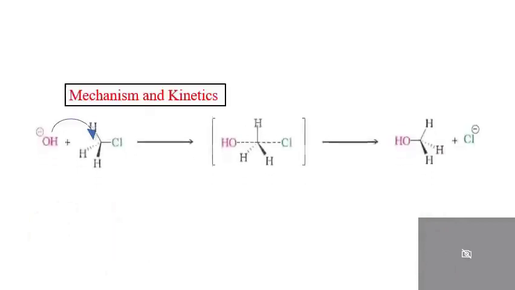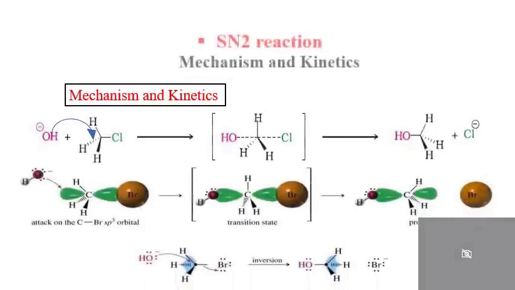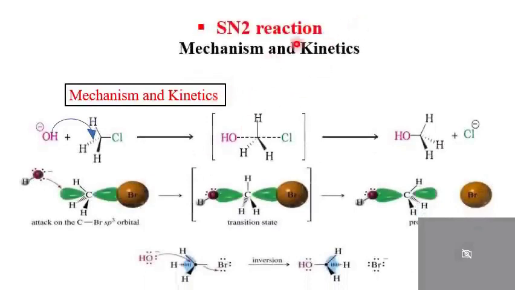Now, the actual mechanism taking place in the SN2 reaction, we are going to see that mechanism, which is very important. Also, we are going to learn the kinetic study of it. Now, in this case, this is CH3Cl, the substrate, meaning an alkyl halide. It is written in a 3-dimensional way. Therefore, this is CH3Cl.